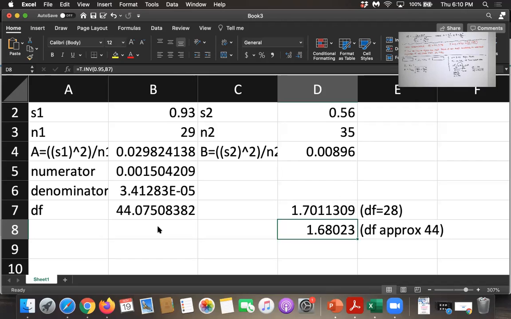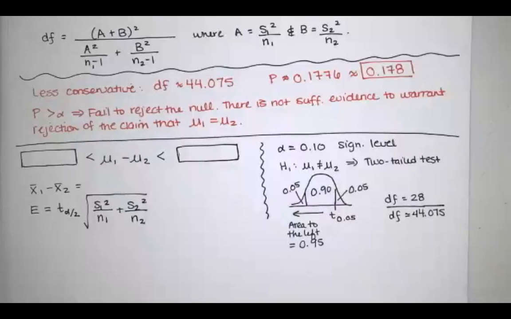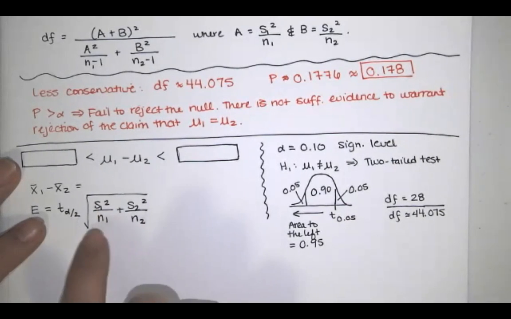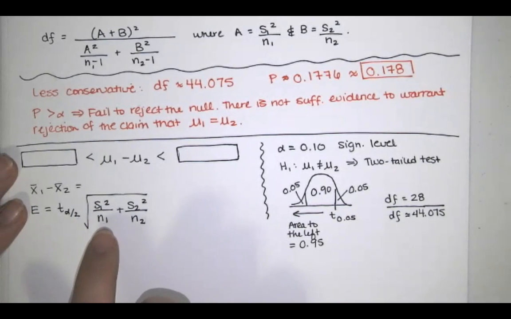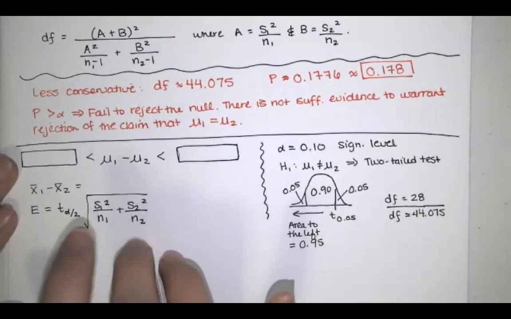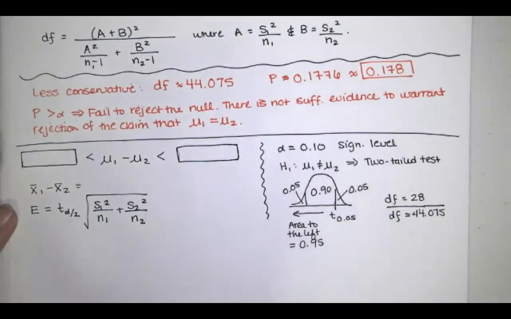Now we also need this estimate of the standard deviation. This estimate of the standard deviation has a and b in it. It's just the square root of a plus b. So we can find this estimate of the standard deviation by just taking the square root of a plus b, because we've already defined those in Excel.